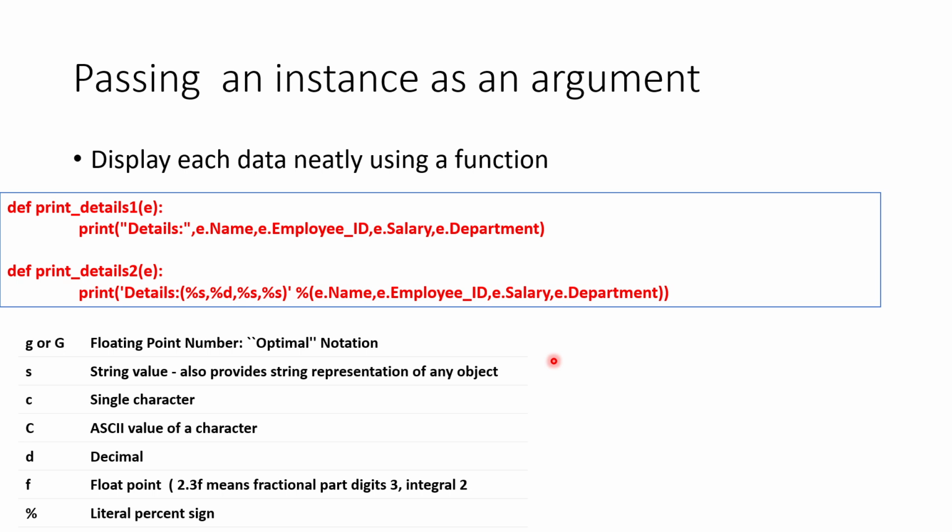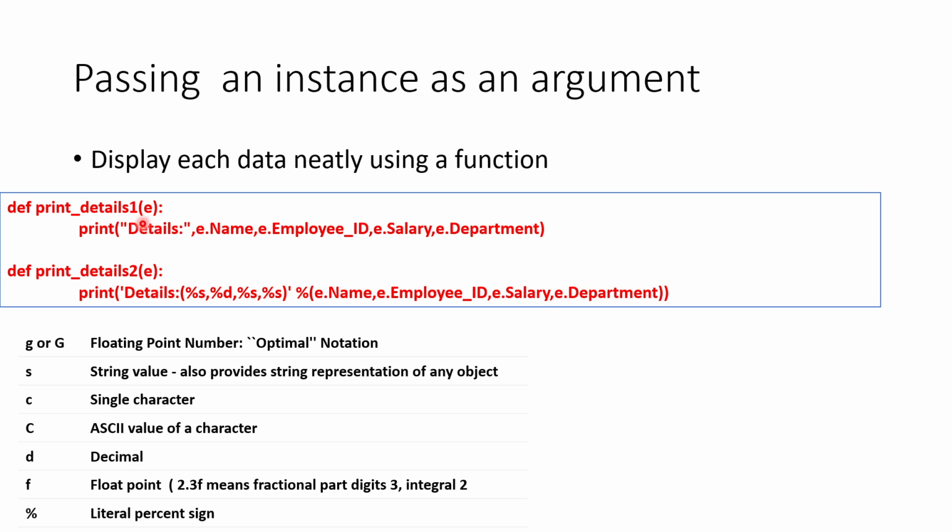For that employee class, I have to display all the information as per my requirement, a customized way of displaying the data. This function takes that instance, that object, as an argument. E dot name, E dot employee ID, E dot salary, E dot department are used to access all the attributes. I'll be displaying these with proper headings just for beautification purposes.